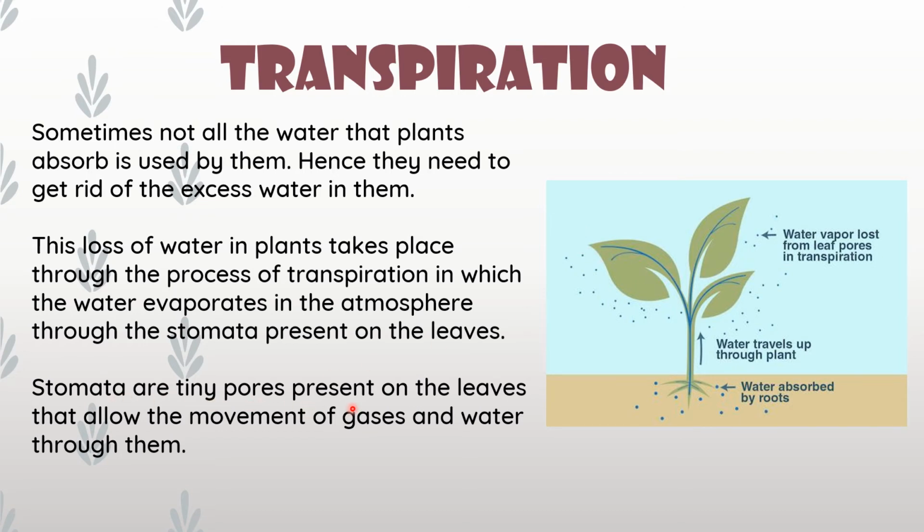Stomata are tiny pores present on the leaves that allow the movement of gases and water through them. Transpiration is one kind of evaporation through which the excess water leaves.